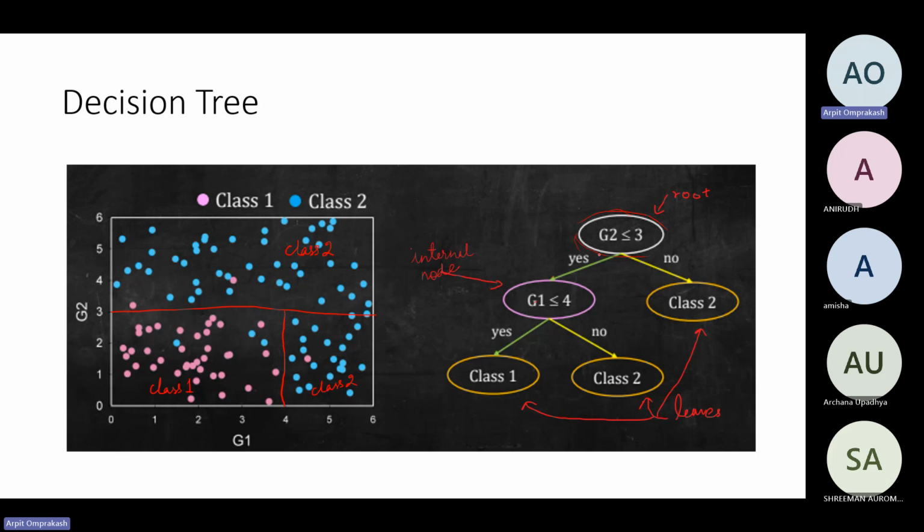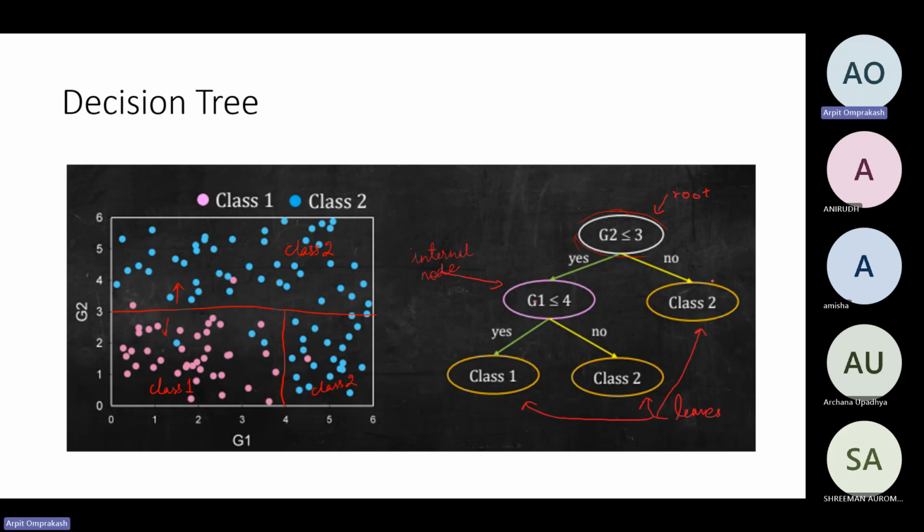When we divide it into two, G2 is less than or equal to 3. Based on this, we are dividing into first this half and then this half. This half has a lot of points from class 2 and very few points from class 1. So it's a very homogeneous subspace.